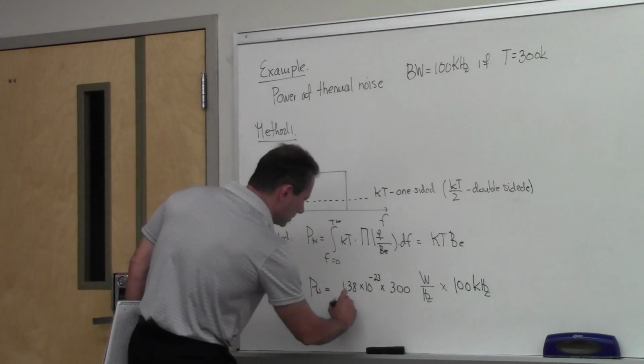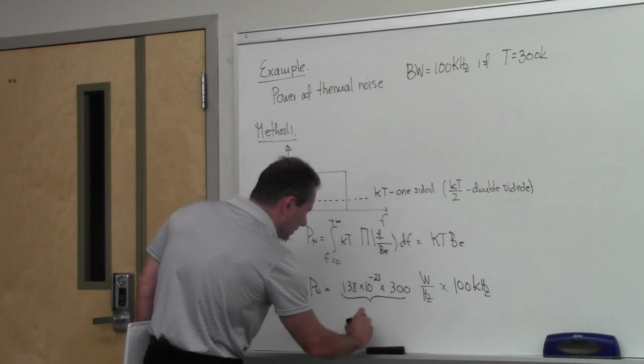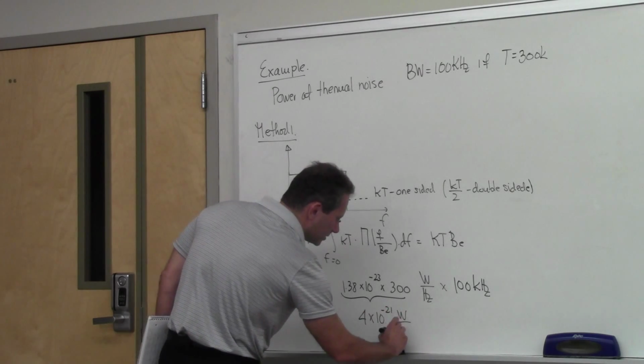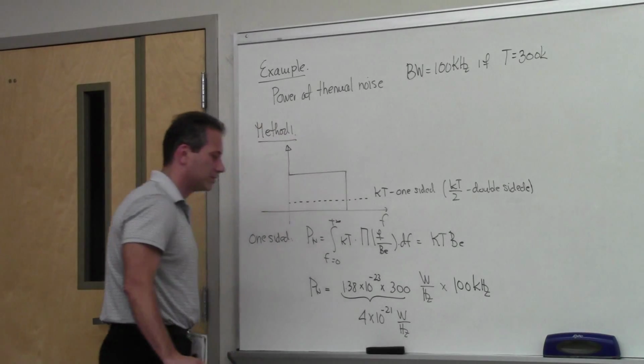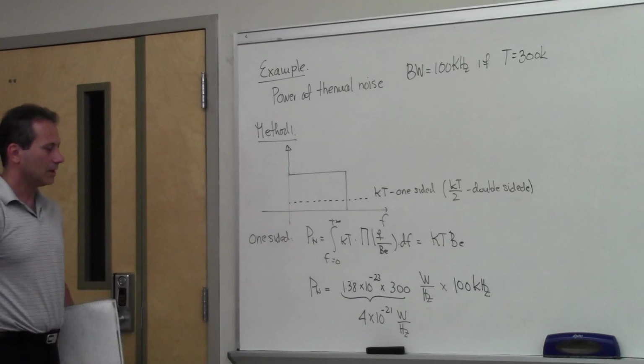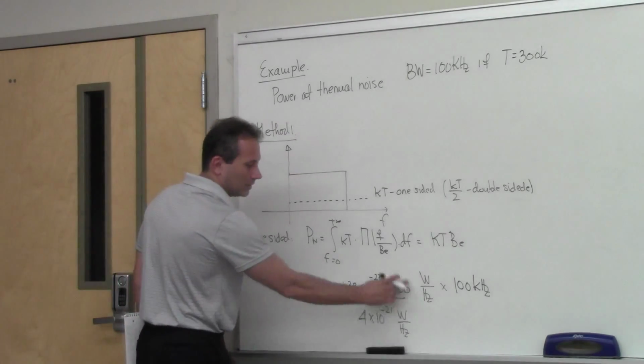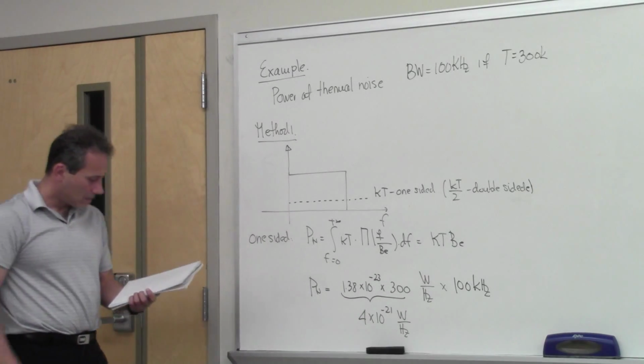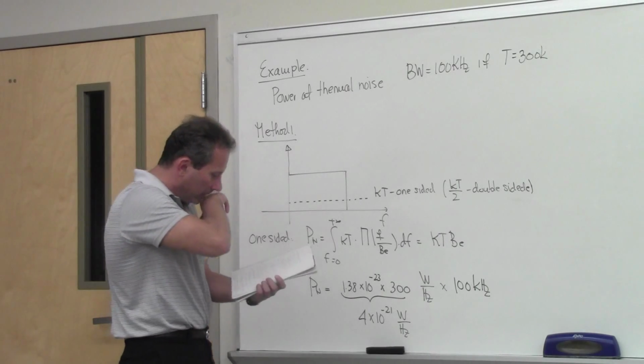A lot of times, it's good to remember this number as 4 times 10 to the minus 21 watts per hertz. It's actually slightly larger, but it's a negligible difference. You usually remember this as a whole, because KT is the power spectral density of the noise.